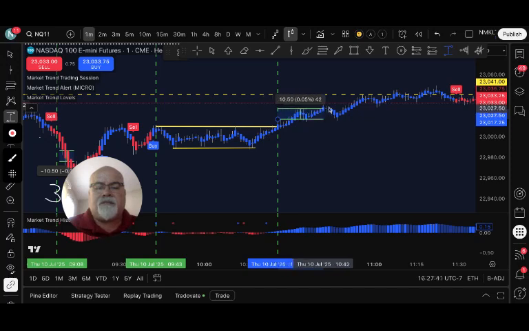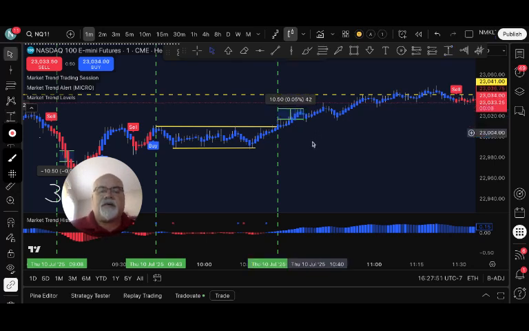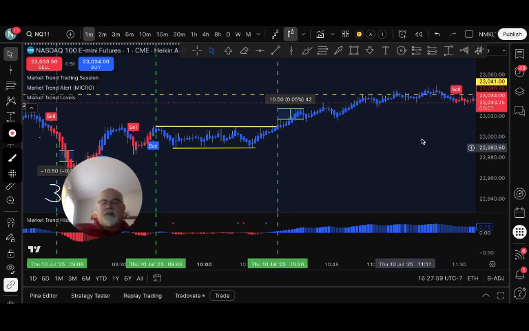I'm going to take this up 40 ticks roughly. I probably would have got out over here somewhere. Okay, and so I'm going to take my 40 ticks, and you can see that that's another winner. Let's see how much further we go here today.